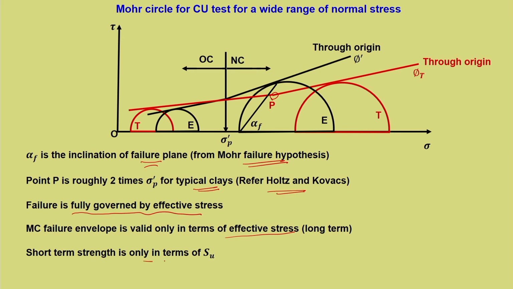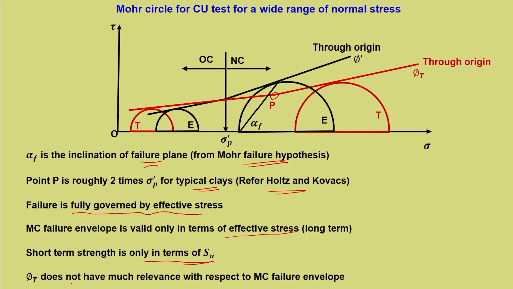Short term strength is only in terms of undrained cohesion. So, phi t does not have much relevance with respect to Mohr Coulomb failure envelope. We will not talk about phi t much. The reason is, for defining the failure bound, we tend to use only effective stress, and hence Mohr Coulomb failure envelope in terms of effective stress only is important.